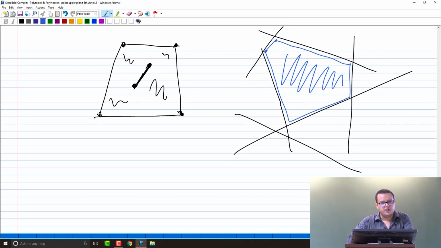You can generate a face by taking some collection of hyperplanes that support the half spaces and intersecting these hyperplanes with the polyhedron. That does not mean if I take any two hyperplanes that support some half spaces used for defining this polyhedron and intersect them with P, I will get a face.